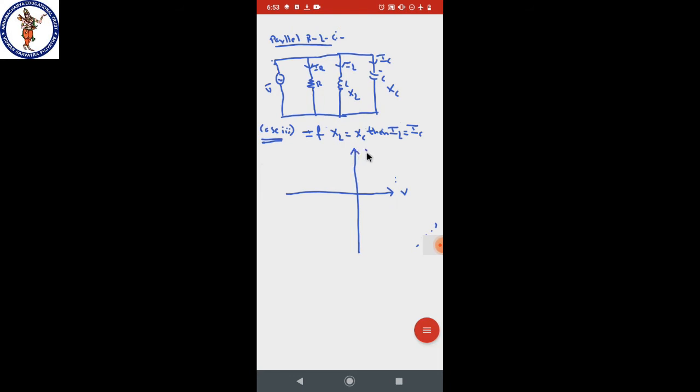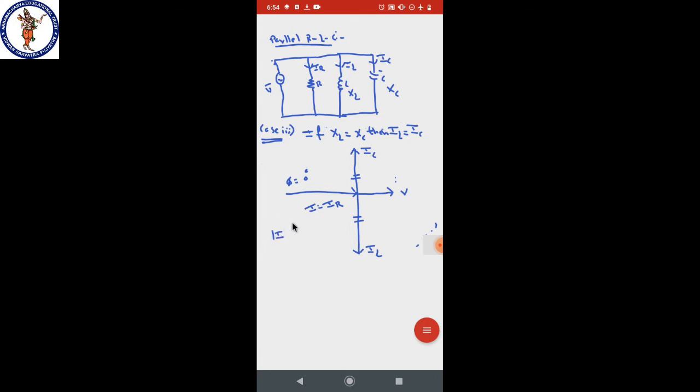This is IC, this is IL, and I equal to IR, the angle phi equal to 0 degrees.